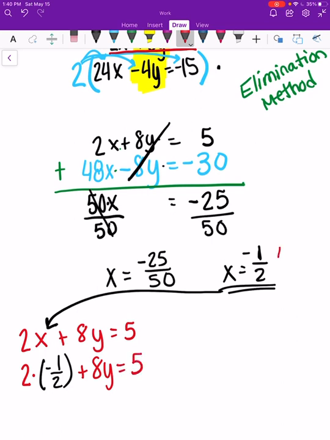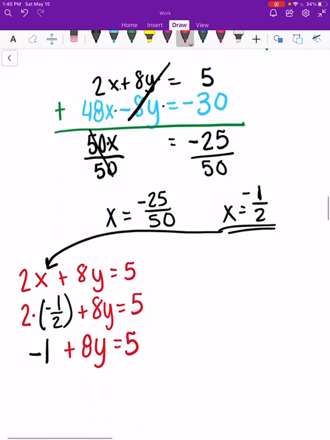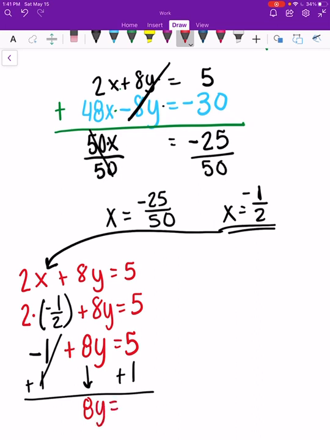I just substituted this x in for this x here. 2 times negative 1/2 is negative 1. So negative 1 plus 8y equals 5. I want to solve for y, so I'm going to add 1 to both sides of the equal sign. Drop my 8y. So now I have 8y equals 5 plus 1, which is 6.